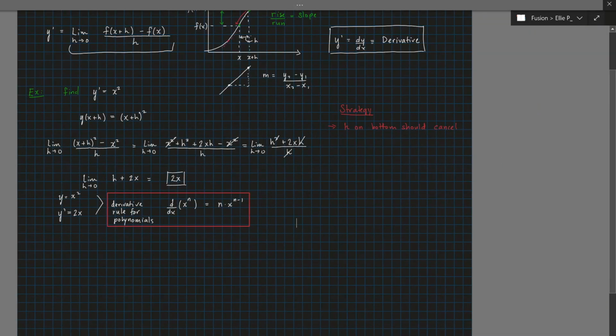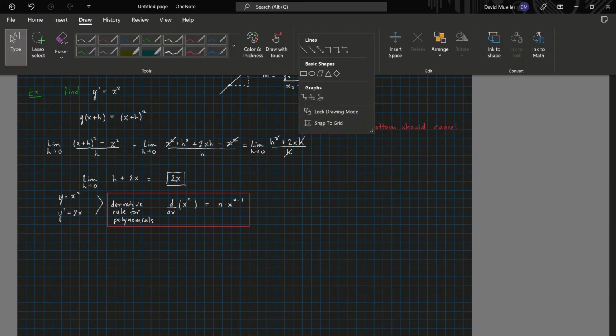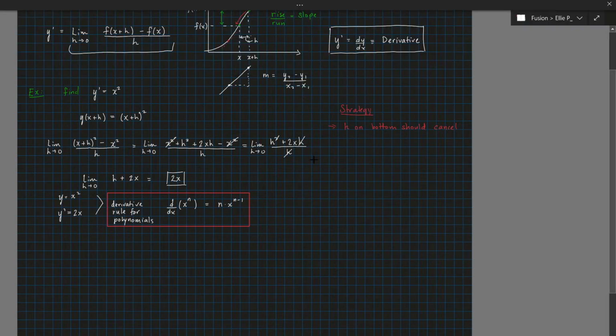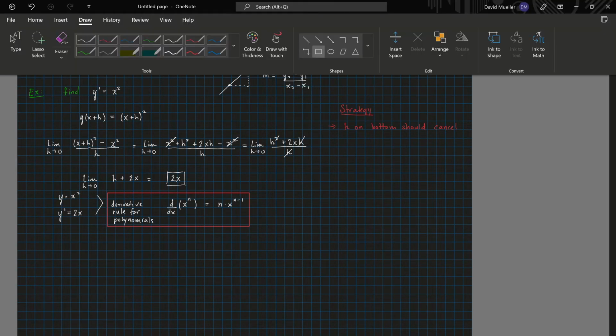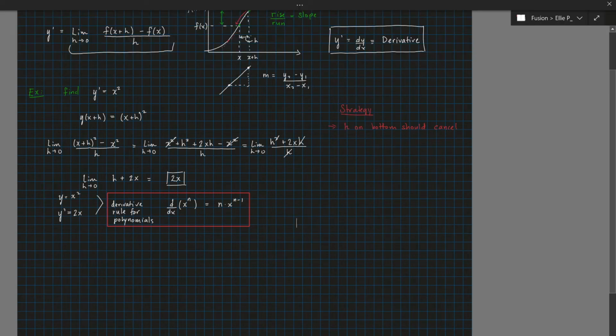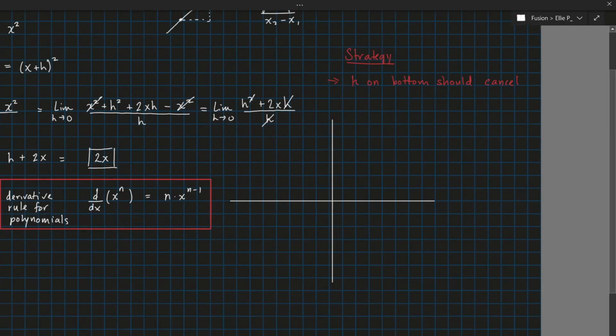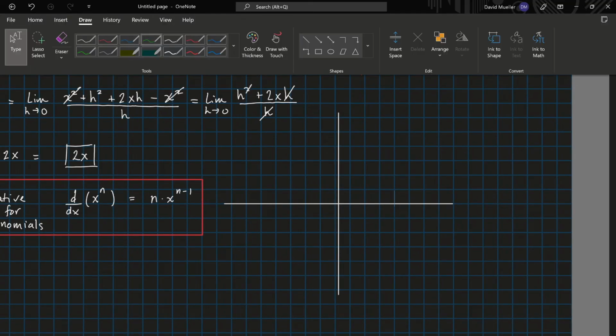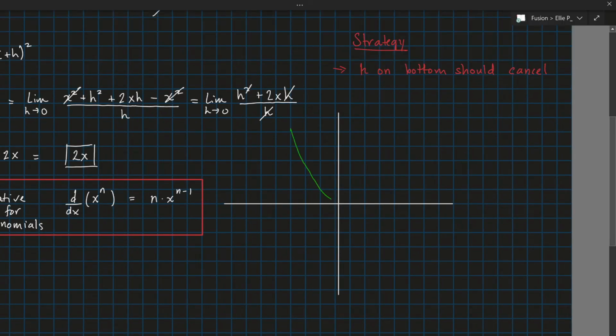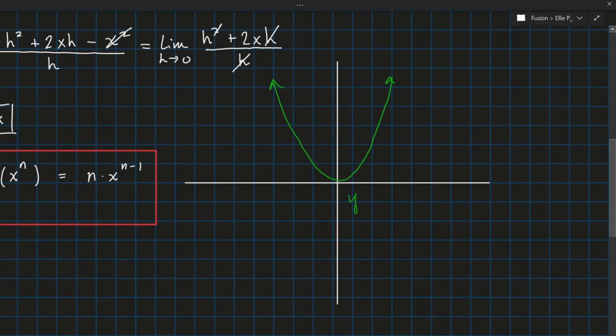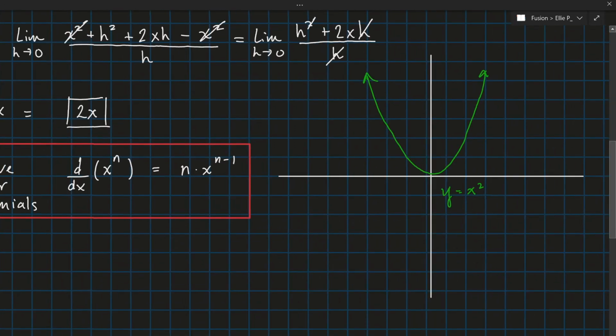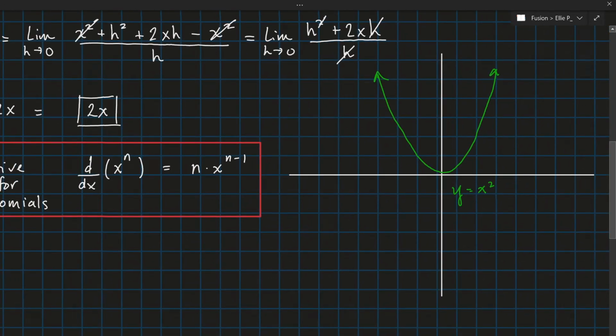So we can see, by the way, if we draw our original function, x squared, it's good to think about what we just got. So this is our original x squared function. And our result is 2x, but what does that mean? So that is the function that will give us the slope at any point.